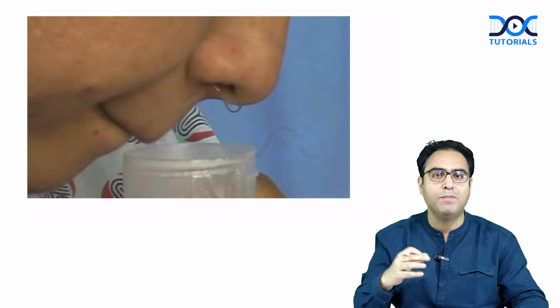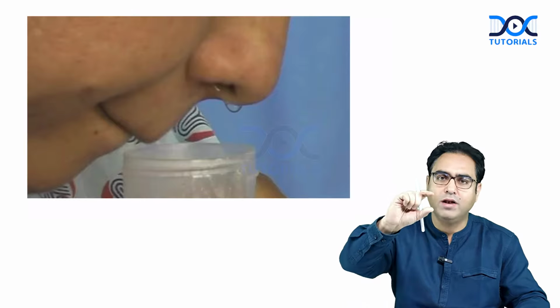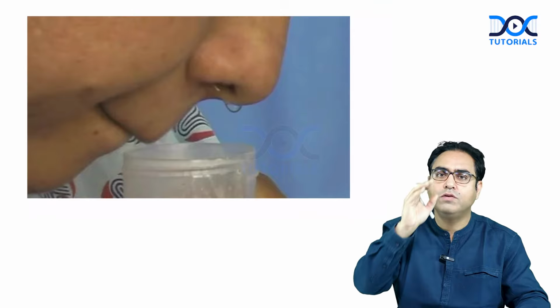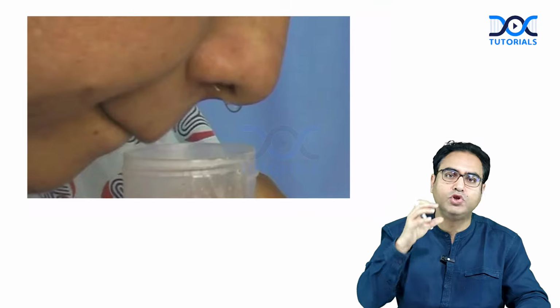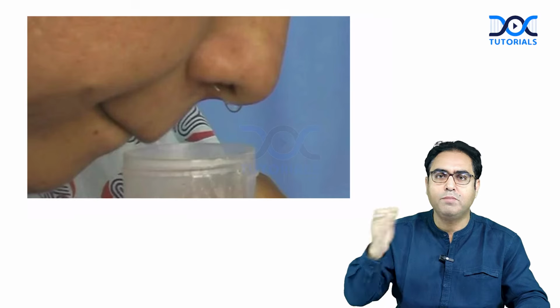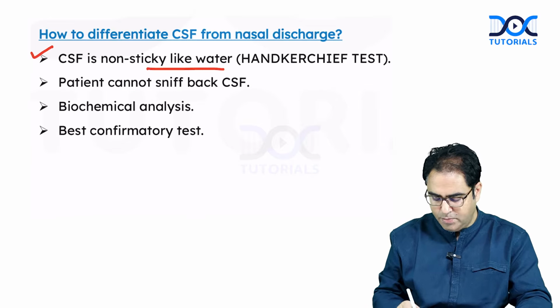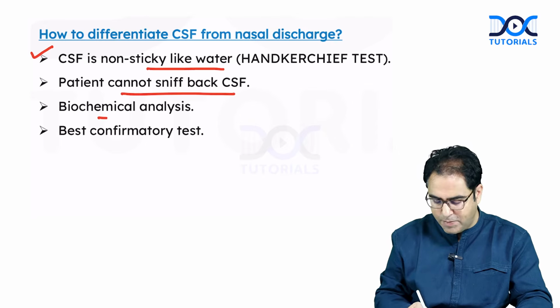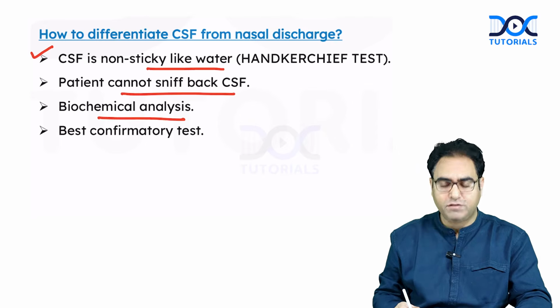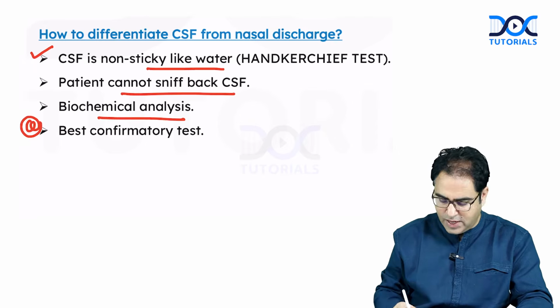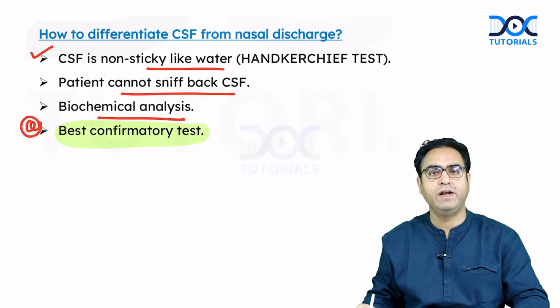Number 3, biochemical analysis. Collected in a bottle and sent to the lab. We know CSF has its own values of sugar and protein. We can match with that. So the first test is CSF is non-sticky like water, patient cannot sniff back CSF, biochemical analysis. But if there is still a doubt, then comes the best confirmatory test.